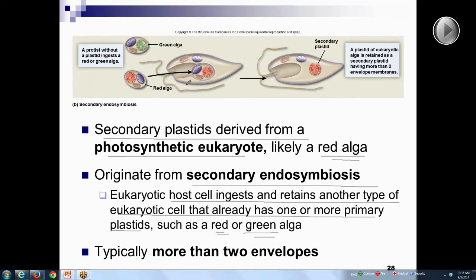So here's a great picture of what secondary endosymbiosis is like. So here we have the green alga, and here we have a red alga, and they, of course, have primary plastids inside, here and here. They are engulfed by a host cell, and they develop another membrane. And so you wind up with 3 or more membranes on a secondary plastid.